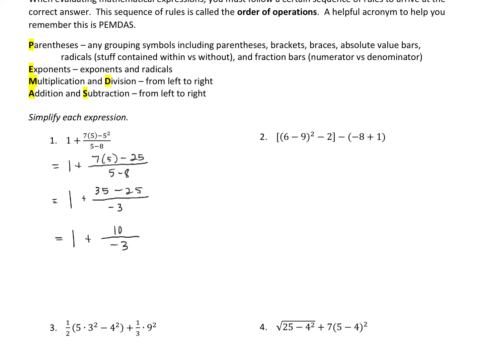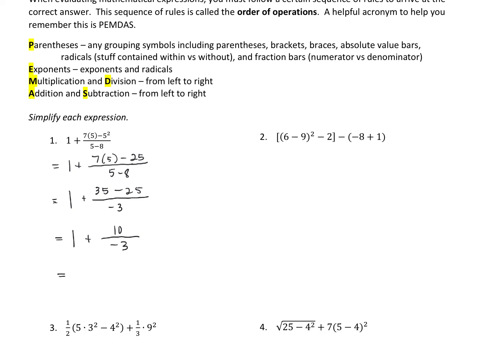Okay, so now I have 1 plus 10 over -3. So -3 will not go into 10 evenly. So I can find a common denominator and add these together. The 10/3 will not reduce. But notice I have a plus and then I have a positive 10 divided by a -3.